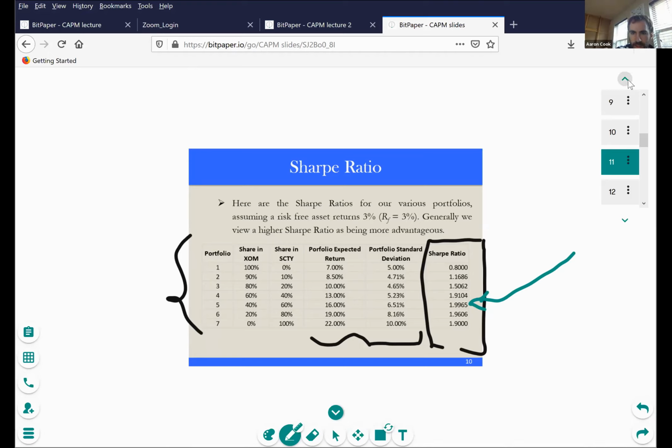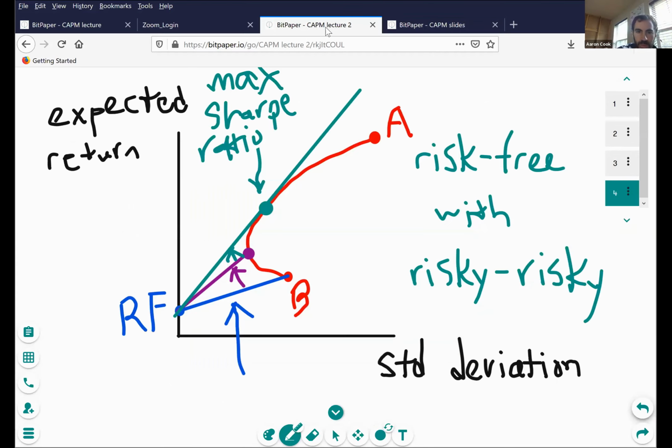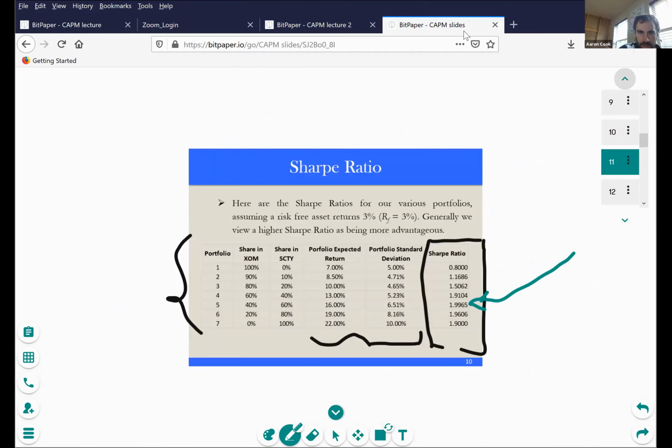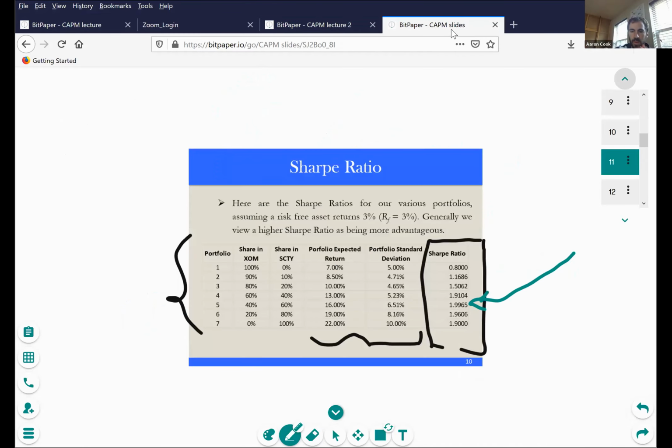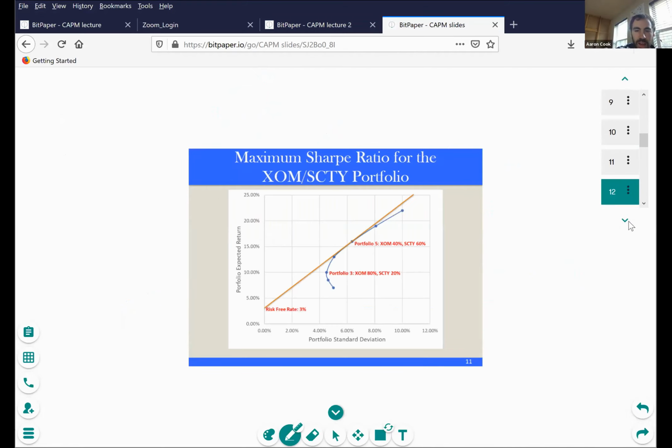That corresponds to this teal dot. This would be roughly 40% ExxonMobil, 60% Solar City. So that's the maximum Sharpe ratio given those data, and we can plot that out on this graph.